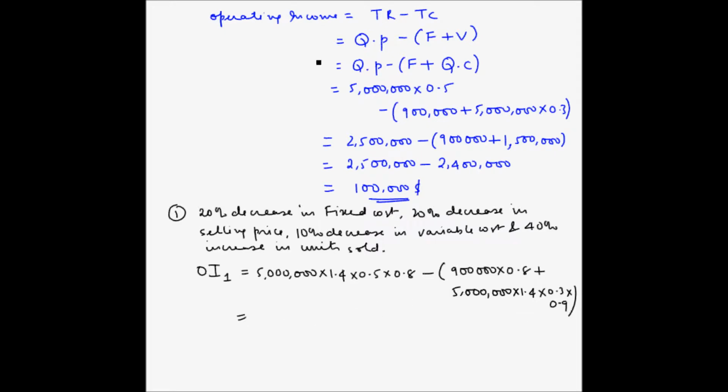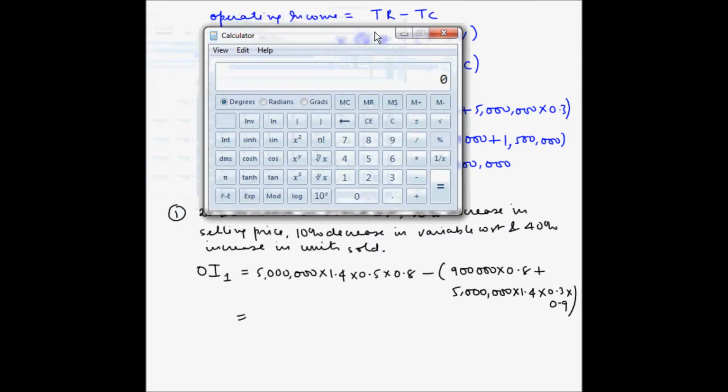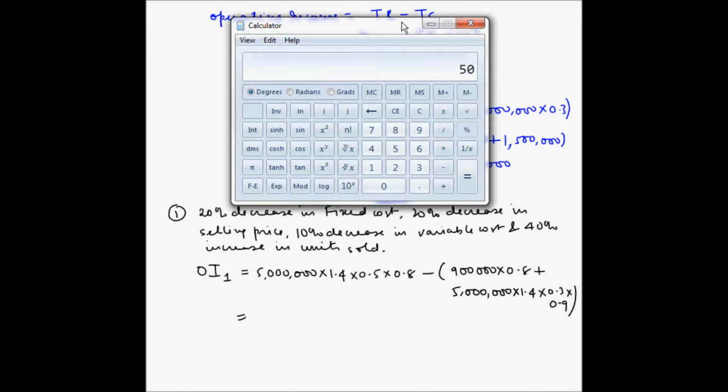So let's find this out. Let me pull my calculator here. So 5 million multiplied by 1.4 multiplied by 0.5 multiplied by 0.8 is 2.8 million.